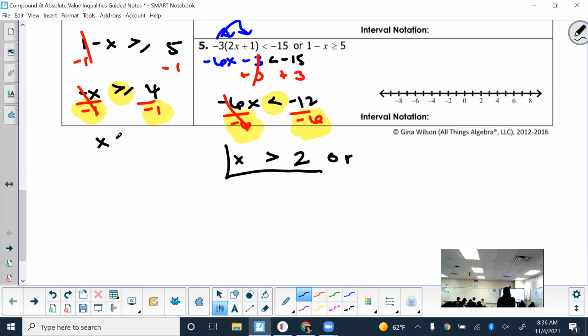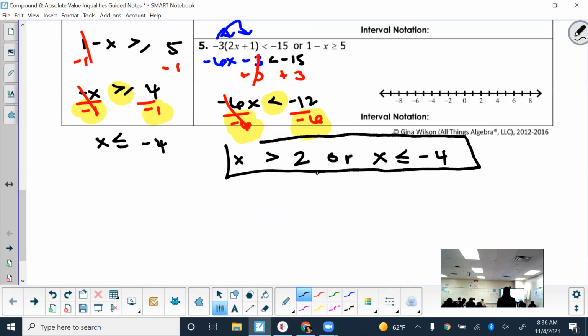Now it's less than or equal to what? -4. And I'm going to put that next to the other answer and the or. Questions there? All right, now go ahead and graph it. Take like 30 seconds yourself and graph it. We'll see if you graphed it correctly.